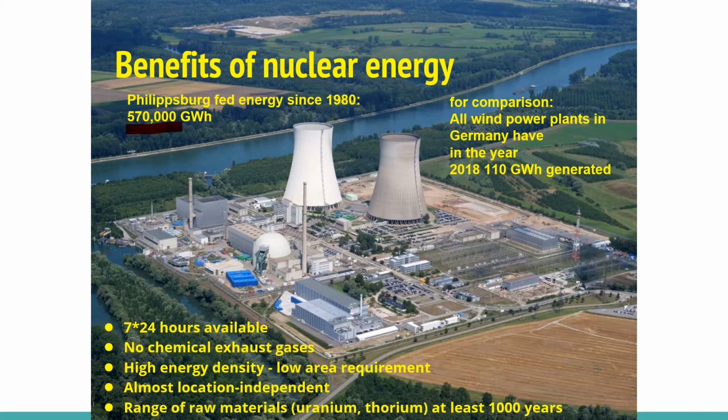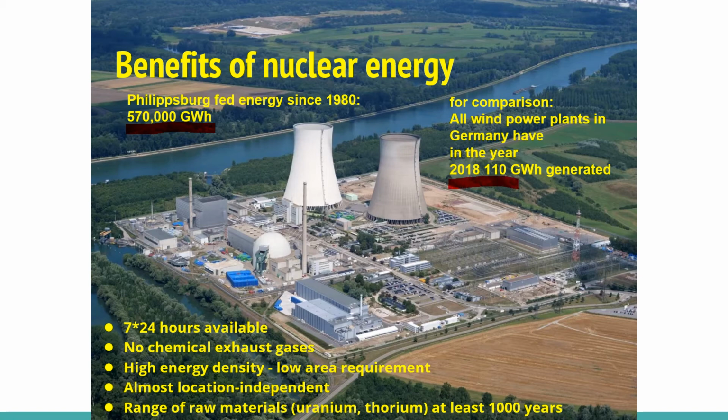To get an idea, this is a power station in Germany. It was Philippsburg, and it produced since 1985 170,000 gigawatt hours. That is an extremely awful lot of energy. Compare that with the German wind power.